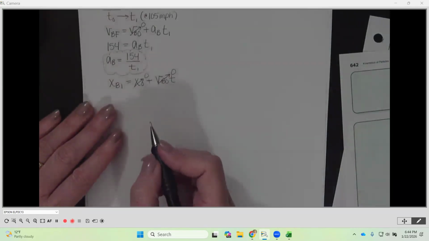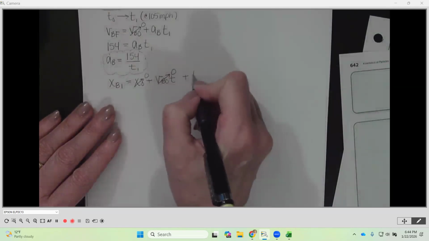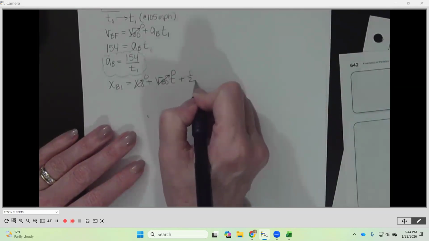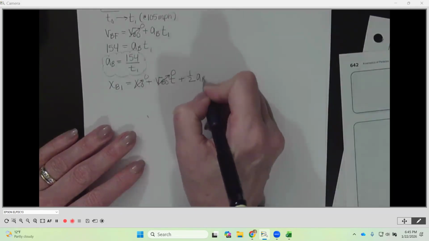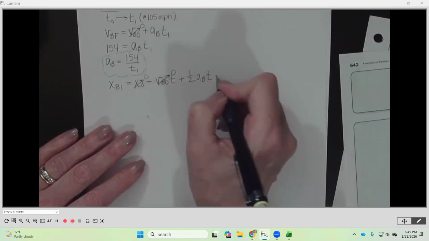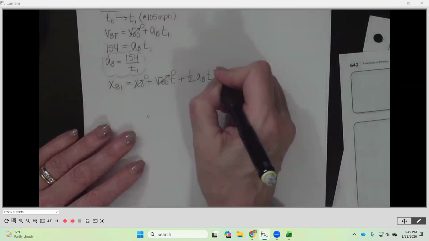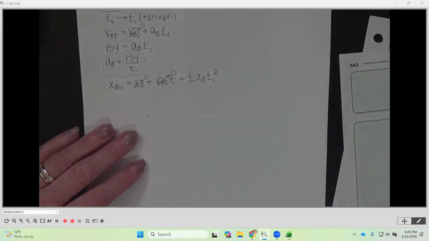So there's no offset from the origin. Plus 1/2 acceleration of B, which we don't know, times time 1, that first chunk, squared.